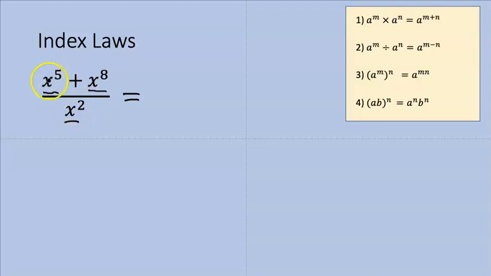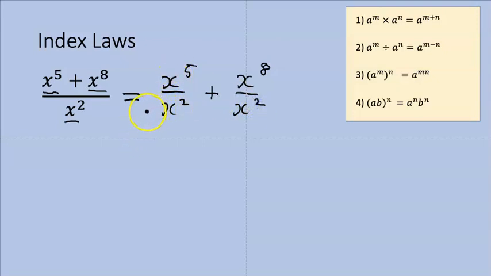Now, because both of these have got the same base of x, I'm going to separate them as separate fractions. So I've got x to the 5 over x to the power of 2. And then I'm going to add, because that's the symbol at the top, x to the power of 8 over x to the power of 2.